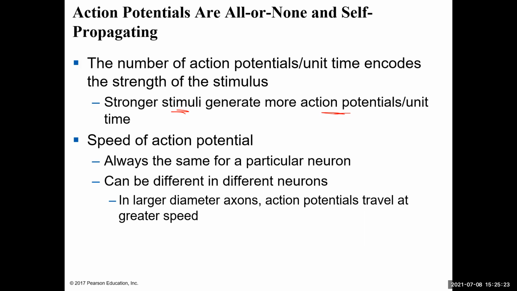And the speed of the action potential, like I mentioned, is always the same for a specific neuron, but the speed is different between different neurons, because different neurons, depending on where they're located, so if they're in your brain or in your arm or your spinal cord, will have different diameters in the axon.